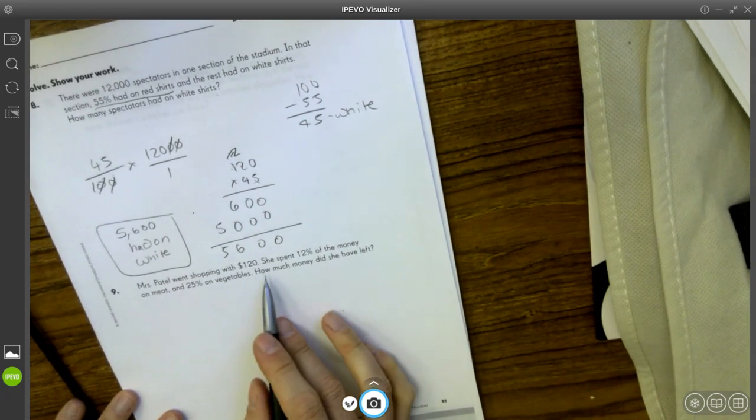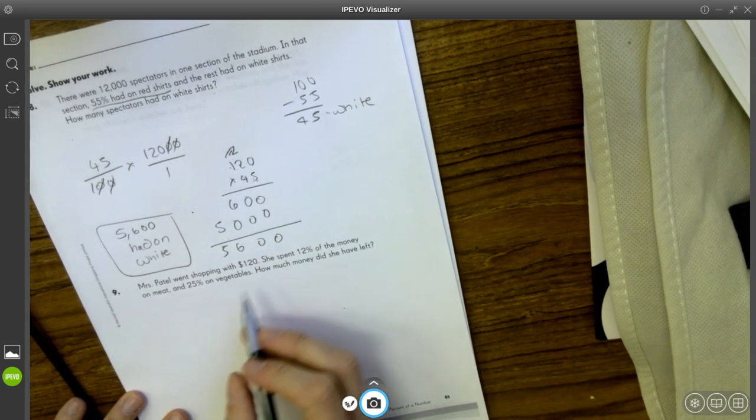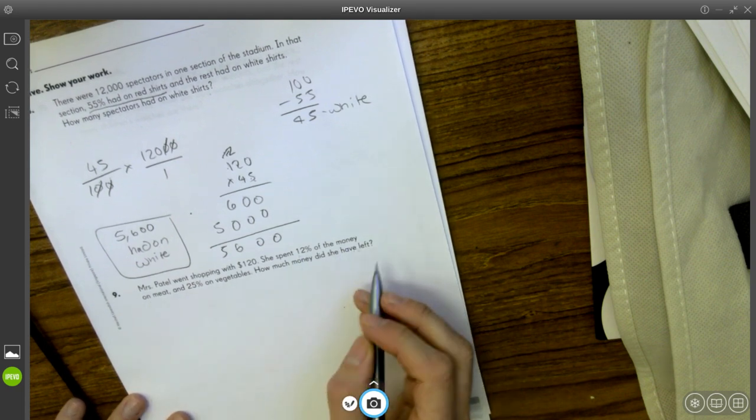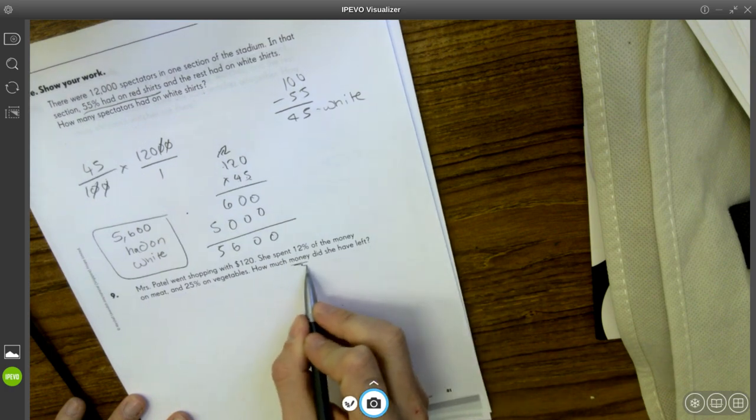All right, Mrs. Patel went shopping with $120. She spent 12% of the money on meat and 25% on vegetables. How much money did she have left?